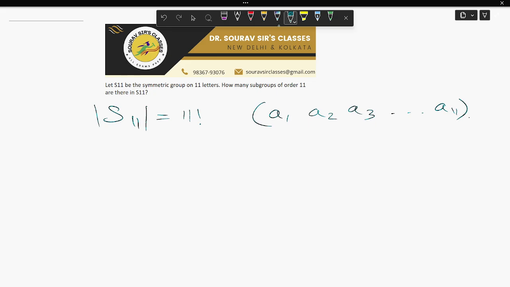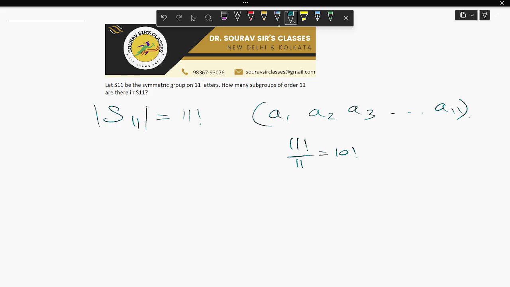The number of distinct 11-cycles is given by the number of ways to arrange 11 elements in a cycle, which is 11 factorial by 11, that is equal to 10 factorial. Since cyclic permutations are equivalent up to rotation, we fix one element and arrange the remaining 10 elements in any order. Now step 3 is counting distinct subgroups.